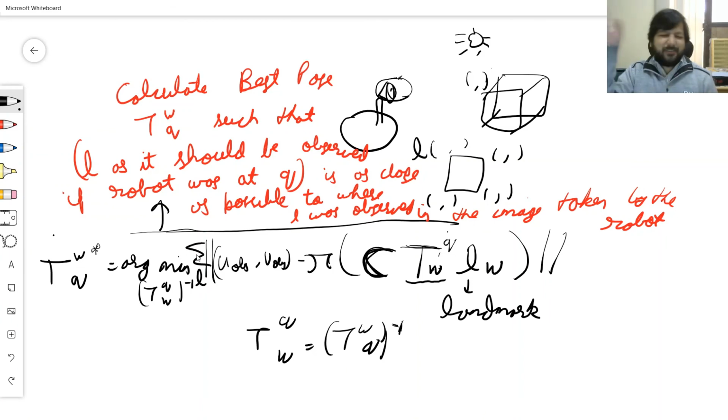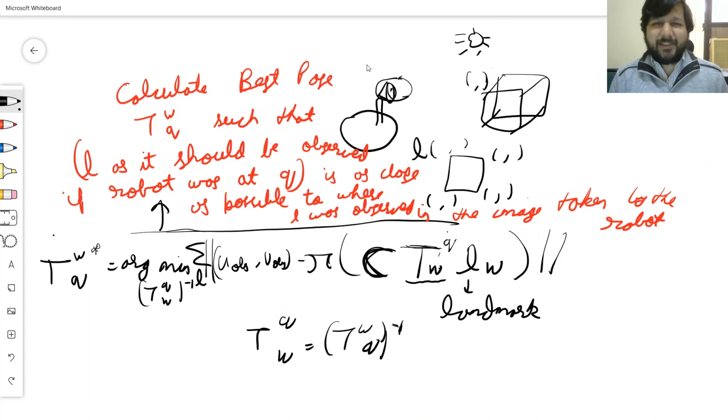So intuitively that's clear. That's the second way I can calculate my position. I say that for a number of entities, I know their corners' positions. I know that there's a function: if the robot is at this position, it'll observe it here. If the robot is at this position, it'll observe it here. I find out the best position such that the landmark is exactly where the robot expected to observe it.